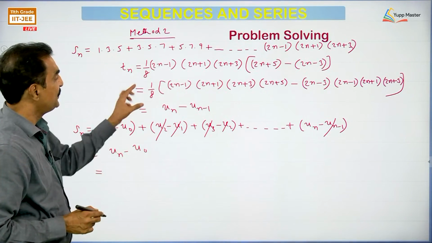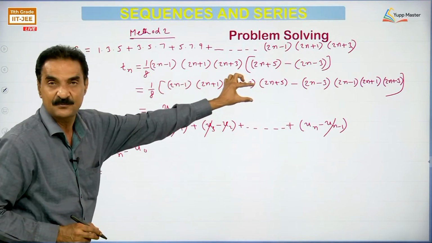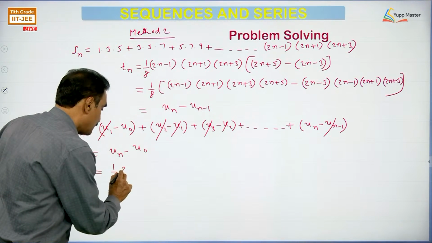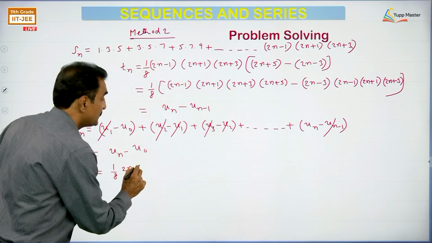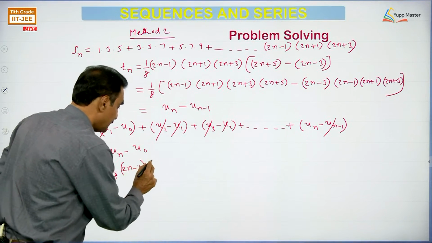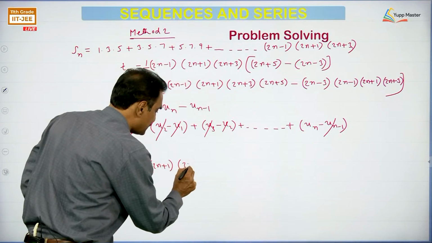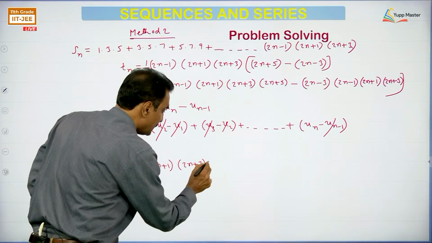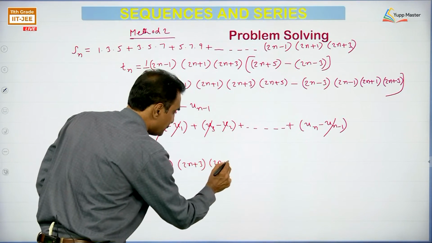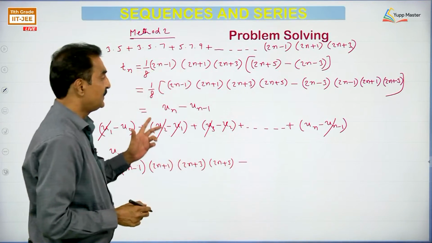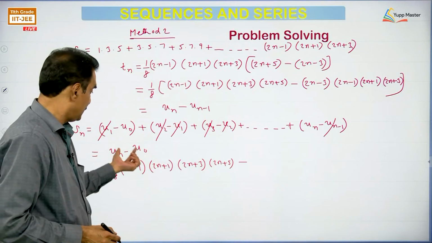Substitute un. Un is 1 by 8 into the product of these 4 factors: 1 by 8 into 2n minus 1 into 2n plus 1 into 2n plus 3 into 2n plus 5, minus u naught. How do you get u naught? This is un.